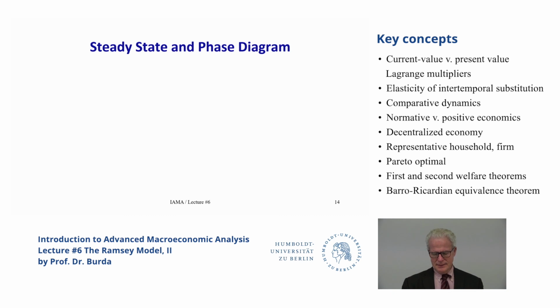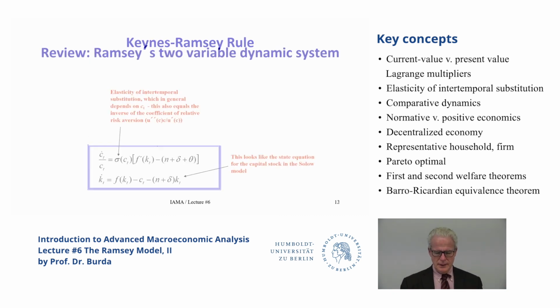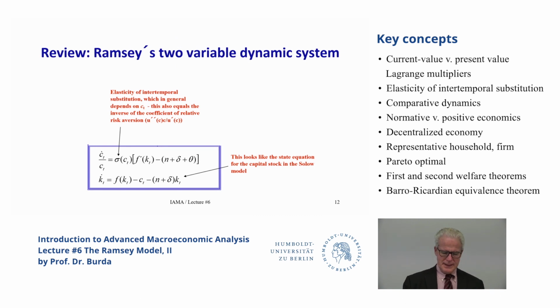The steady state, going back to the equations of motion, would involve both of these terms equal to 0. So when capital per capita stops changing, and when consumption stops growing, positive or negative, that is going to be associated with a steady state.